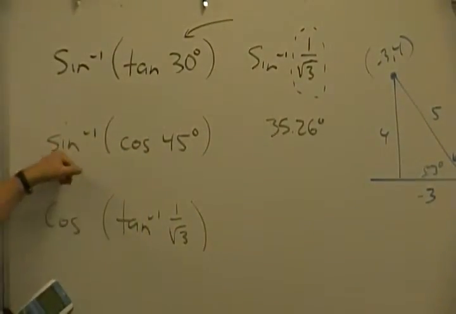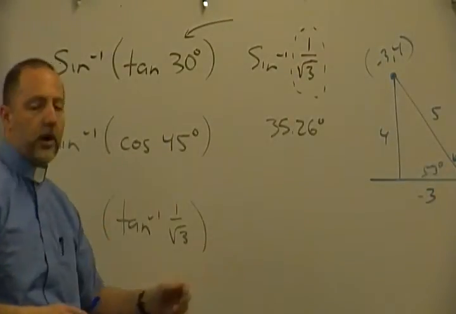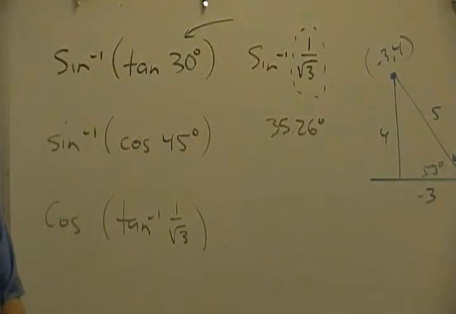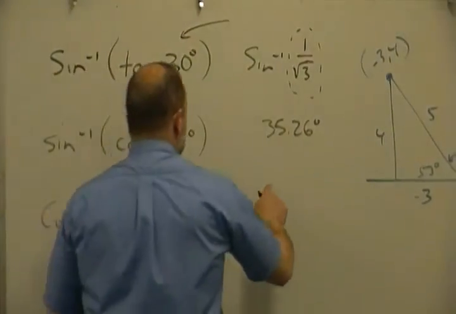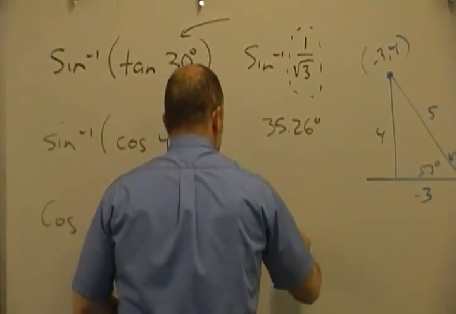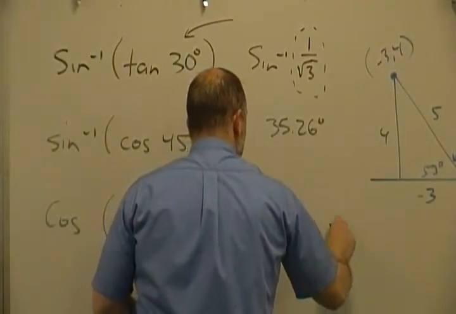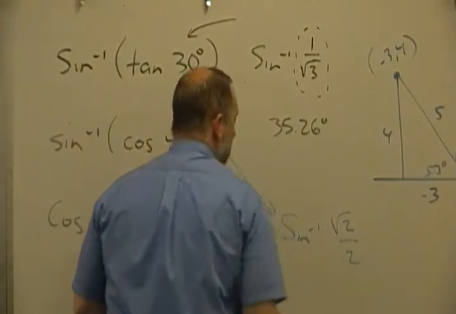Now this one down here, because it's both sine and cosine, you're probably going to get a nice reference angle, or a nice angle on one of our standard angles on the circle. So what is cosine of 45 degrees? Root 2 over 2. So we're asking what is sine inverse of the square root of 2 over 2?